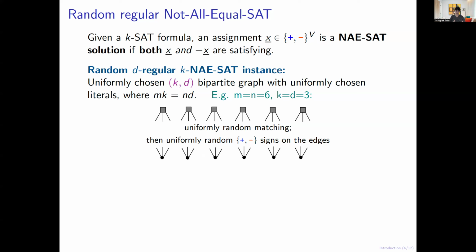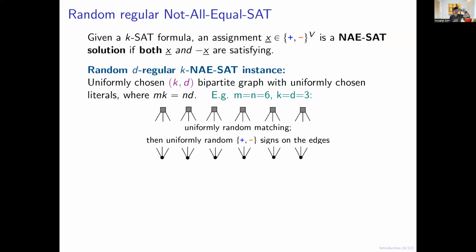This instance is chosen uniformly from all the (k,d) bipartite graphs with uniformly chosen literals, where we take mk equals nd. For example, if you consider m and n equal to 6 and k and d equal to 3, this random graph can be described as follows.